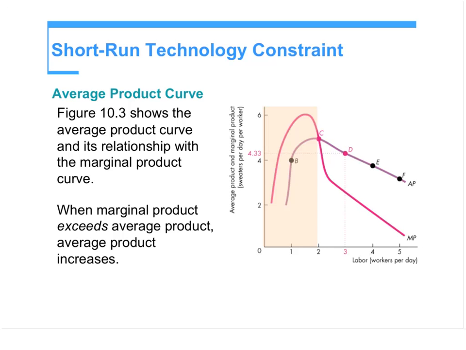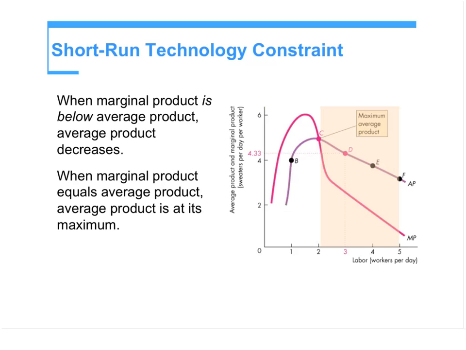When marginal product exceeds average product, then average product increases, as you can see. So we want to make sure your marginal product exceeds the average product. That's when technology is constraining us and gives us its limitations.